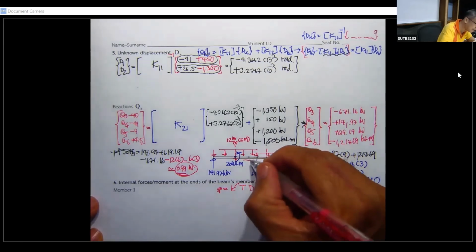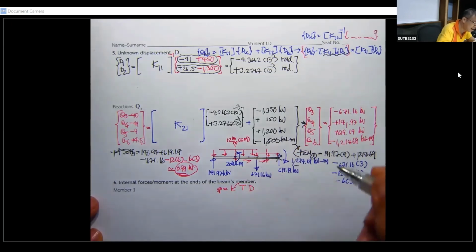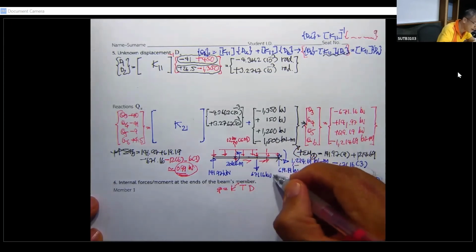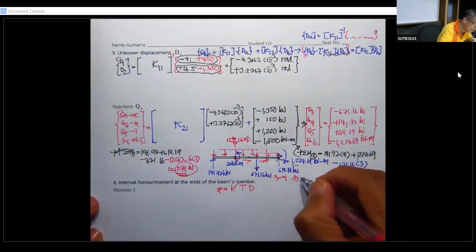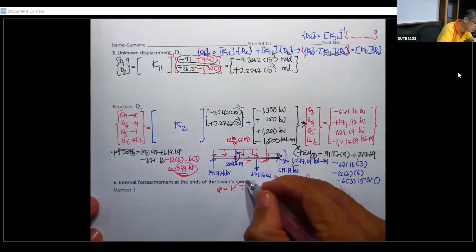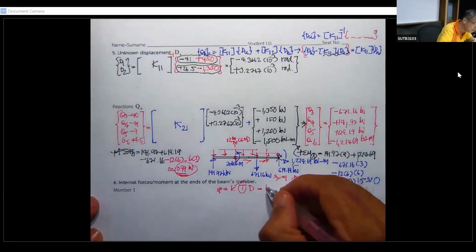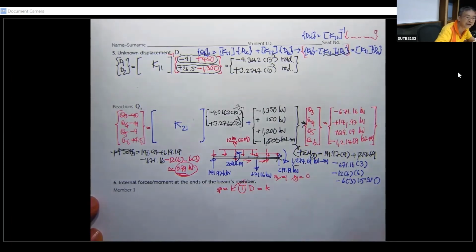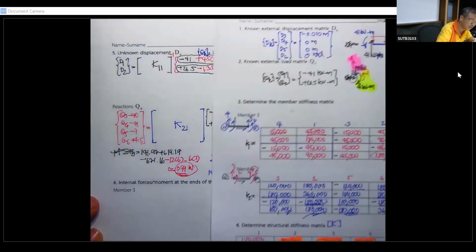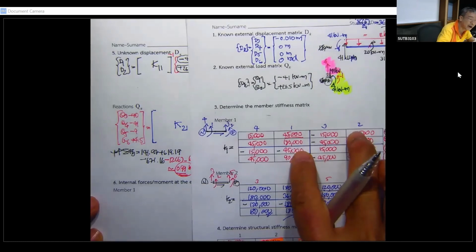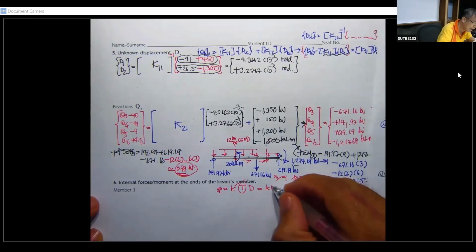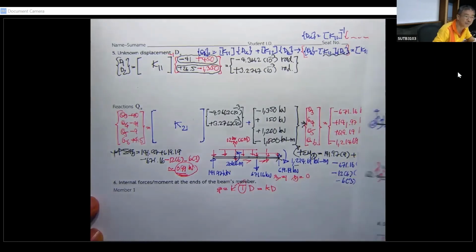By setting the local coordinate system when lambda sub x equals 1 and lambda sub y equals 0, this is going to be the identity matrix. So we will use K, the K from the previous one, K1, K2, times the capital D.